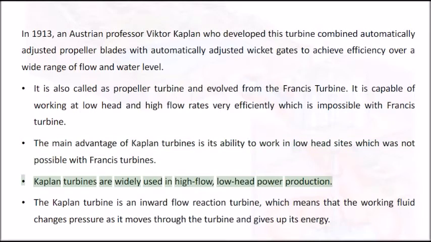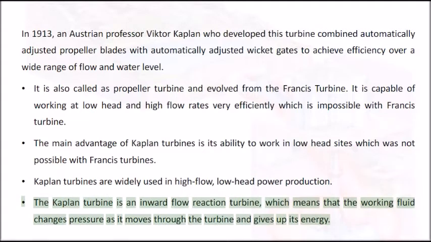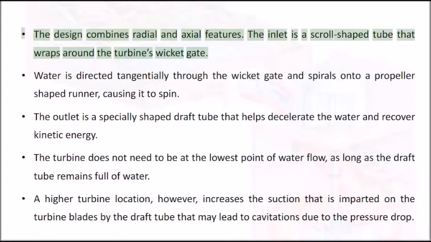Kaplan turbines are widely used in high flow, low head power production. The Kaplan turbine is an inward flow reaction turbine, which means that the working fluid changes pressure as it moves through the turbine and gives up its energy. The design combines radial and axial features.